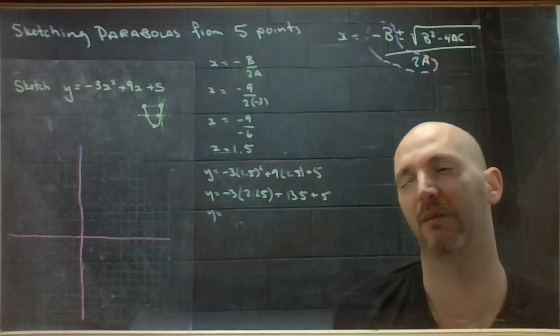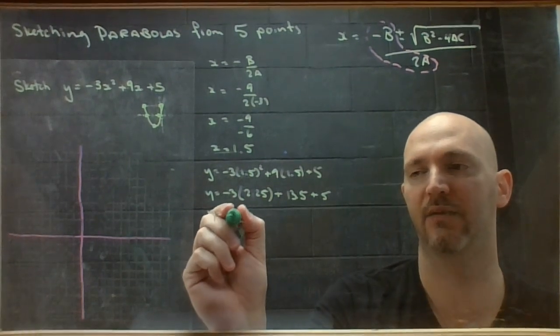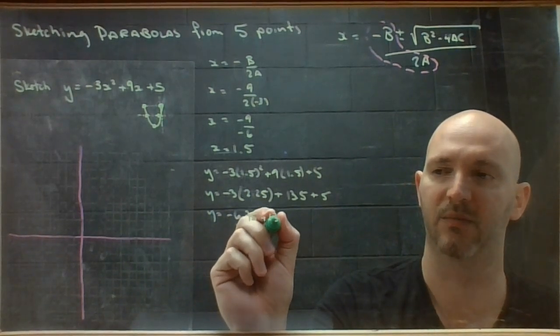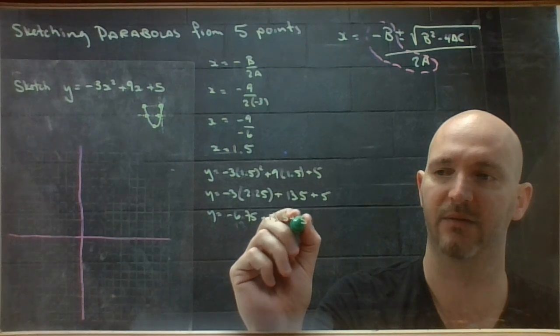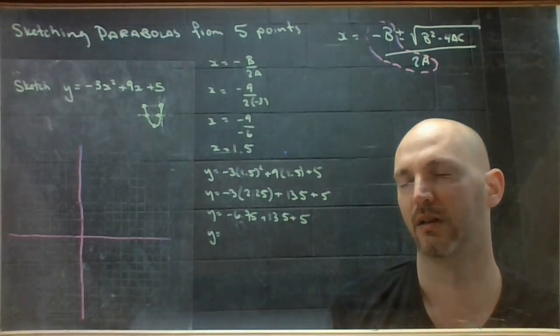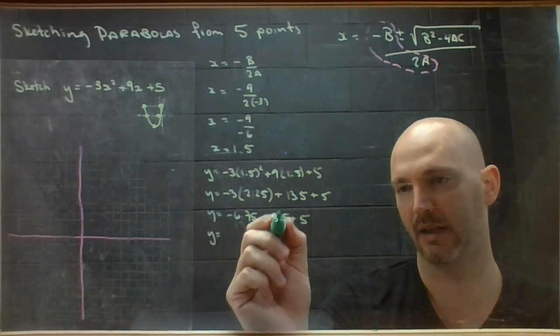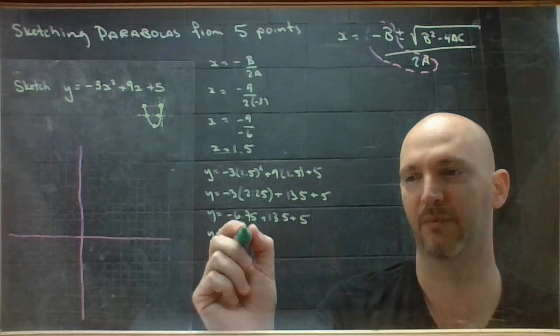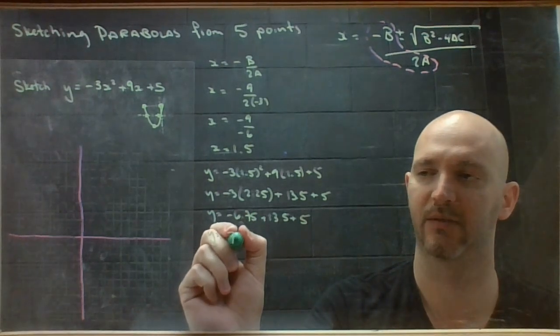Negative 3 times 2.25 is negative 6.75, plus 13.5 plus 5.